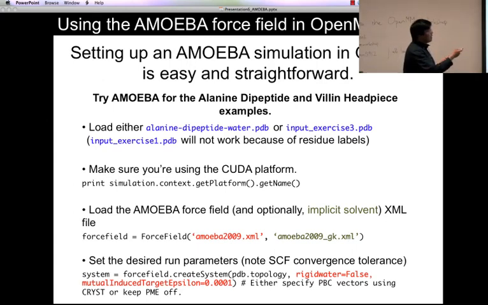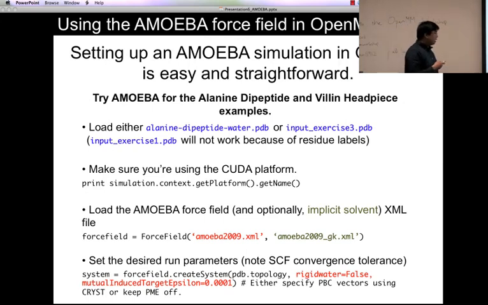But if you open up exercise5.py, you can load any of these input PDBs, and you can run it either with the Amber force field or with the AMOEBA force field. All you need to do is change this argument here.